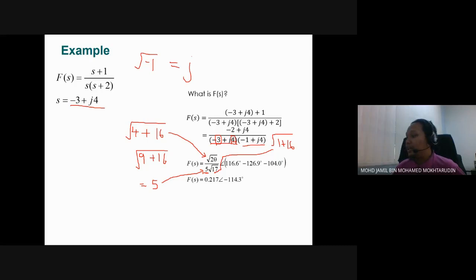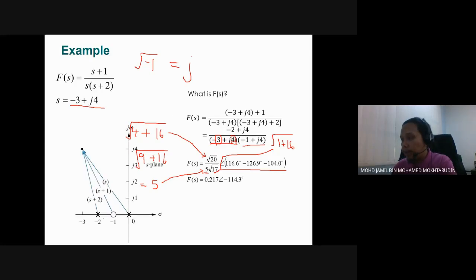Okay. And then you find the product of zeros divided by the product of poles. And for the angle, you need to determine using the tangent formula, or it's easier if you can plot the complex number on S-plane first.